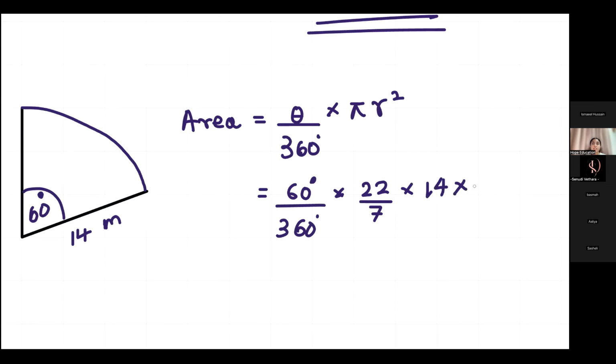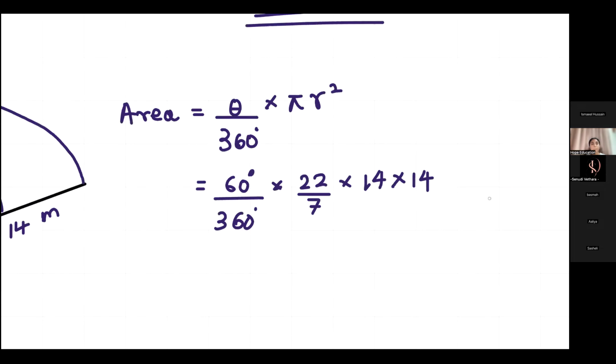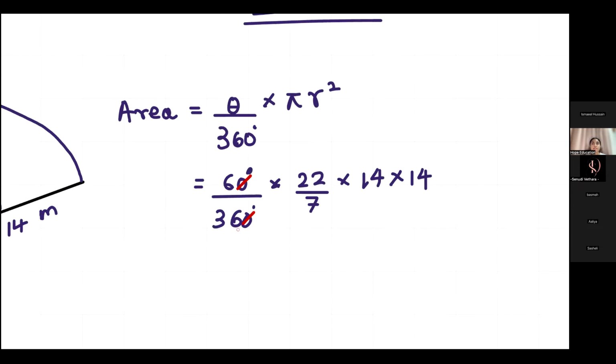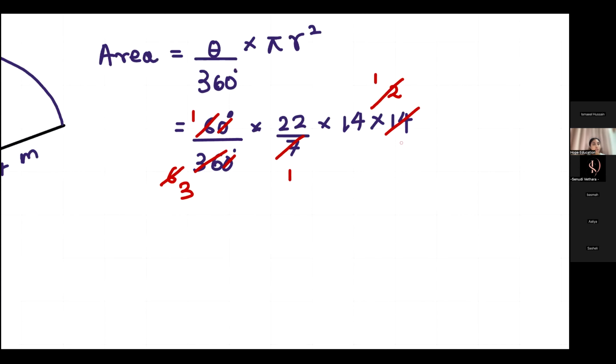This 0 and this 0 get cancelled. 6 times 1 is 6. 6 times 6 is 36. Then the number 6 can divide. Then here we can see 7 and 14. The number 2 can divide. 7 can divide. 7 times 1 is 7. 7 times 2 is 14. Then 2 and 6 we can cancel. 2 times 1 is 2. 2 times 3 is 6. Okay. There's nothing else to cut and chop, right?